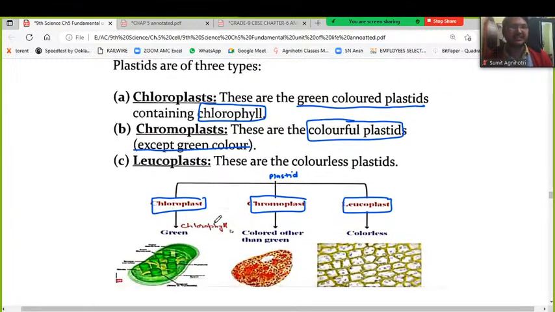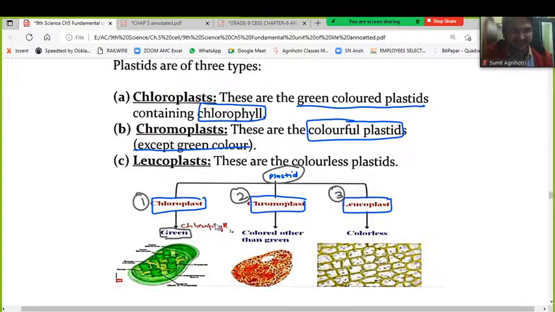The plastids that I want you to understand, there are three kinds of plastids: chloroplast, chromoplast and leucoplast. Chloroplast is for green, chlorophyll. Inside chloroplast there is chlorophyll, a green pigment.